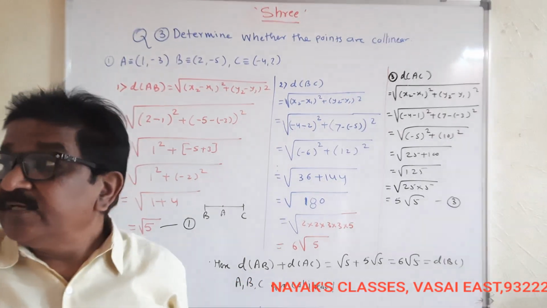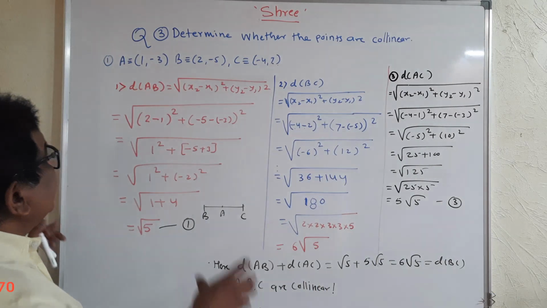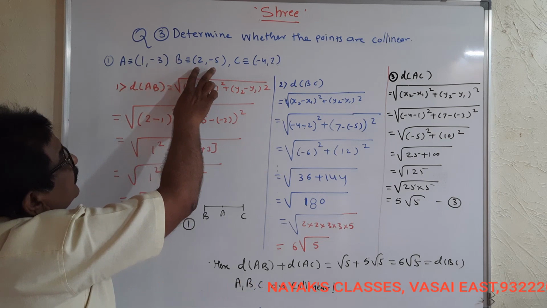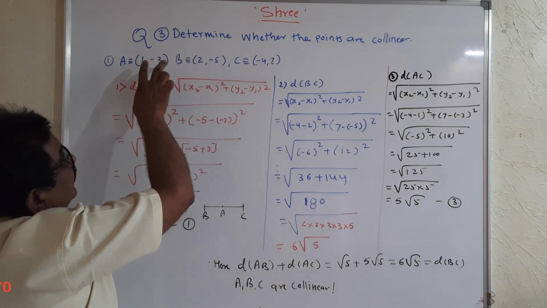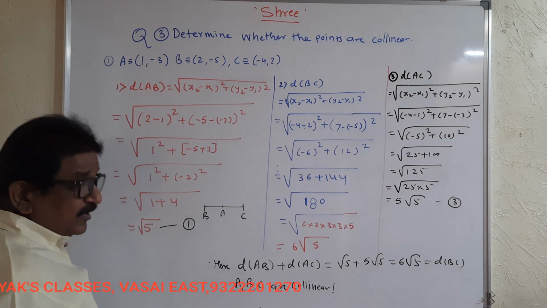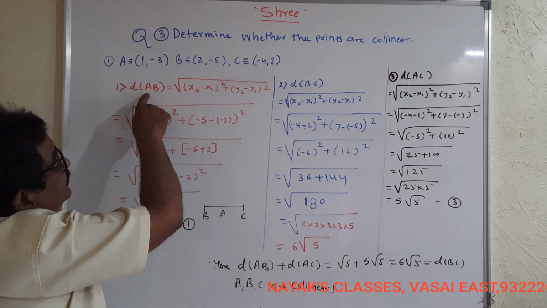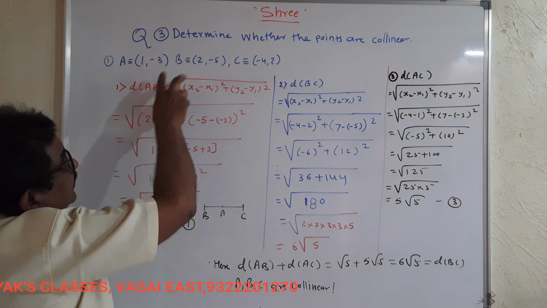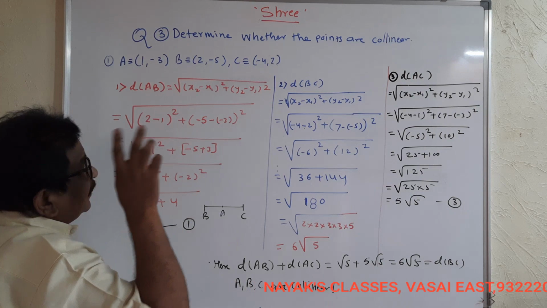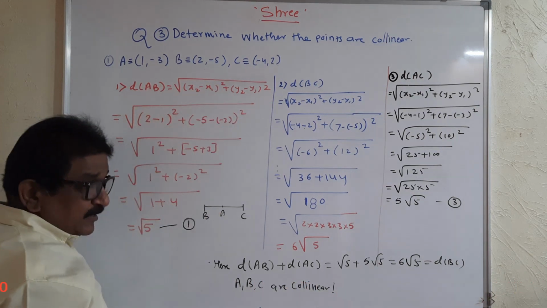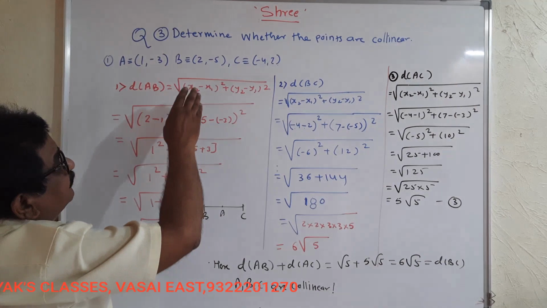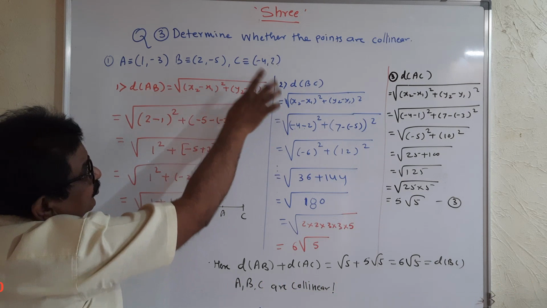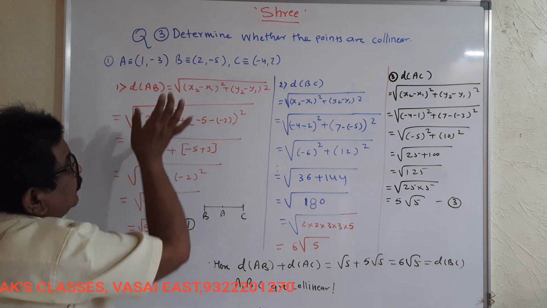For AB, the first point becomes x1 y1 and the second becomes x2 y2. According to our distance formula, it is under root (x2 minus x1) the whole square plus (y2 minus y1) the whole square. We put the values.